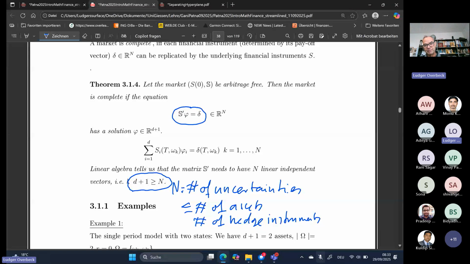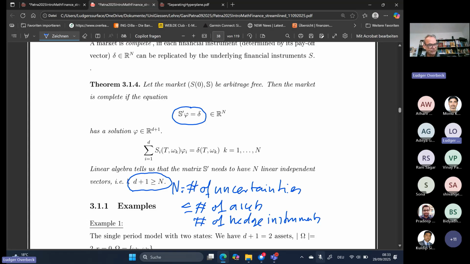But these basic structural properties are already in this one-dimensional, one-period finite example, where you can really see the mathematics behind. And if you learned some advanced functional analysis or something like this, you can imagine how you generalize all of this to general markets.